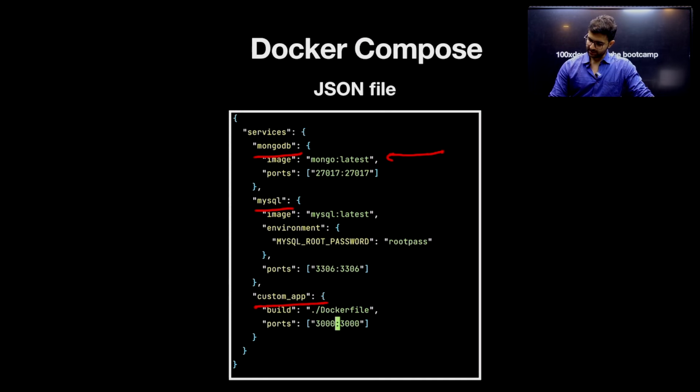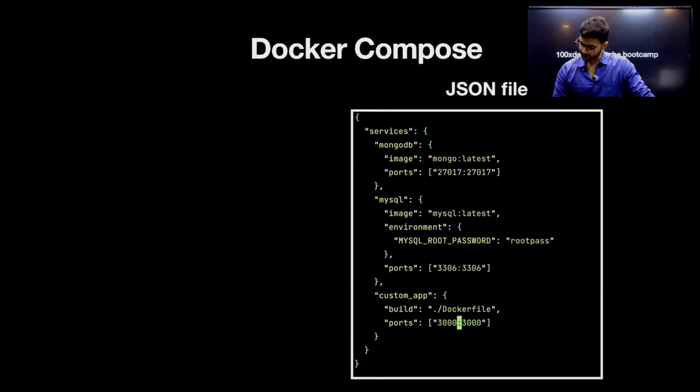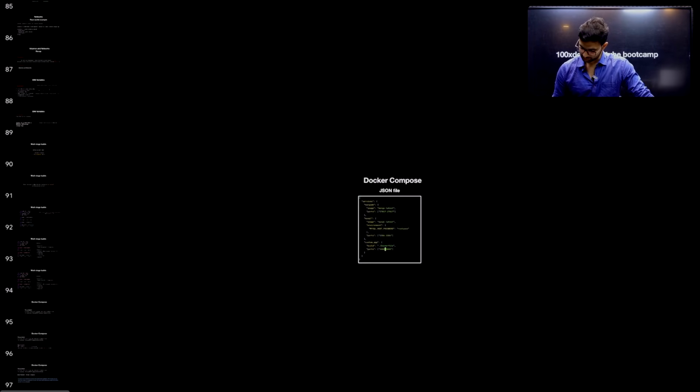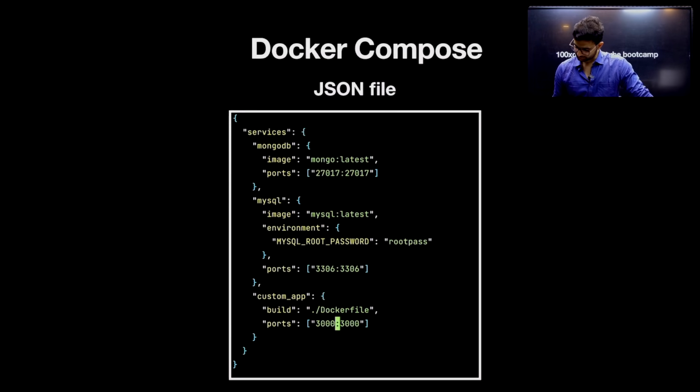I can write the image for those specific containers. I want to start MongoDB. Where can Docker Compose find the image for it? It can find it here, which basically means get it from Docker Hub.